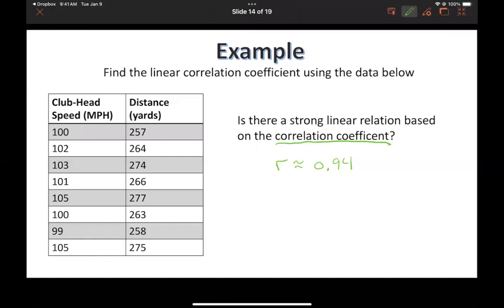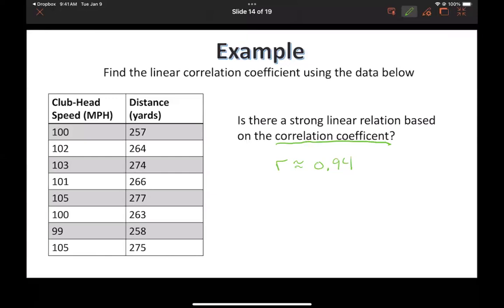So I think that generally, the stronger the relation, the more confident you're going to be predicting future values. If I have a correlation of 0.94, I'm going to feel much better about predicting what the distance would be if I had a 106 mile per hour swing.